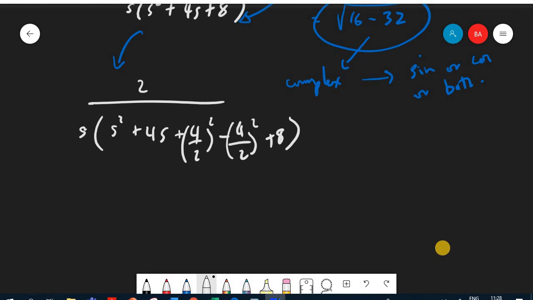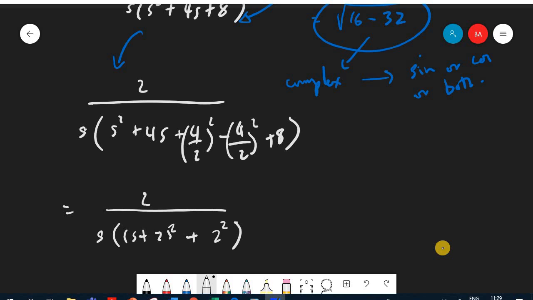So by adding these two terms, we will have s plus 2, the whole thing squared, plus, here I have 8 minus 2 squared, which is 4. So I have here 4, so I would say that would be 2 squared. Okay, and I already have a 2, so it is made ready for us.